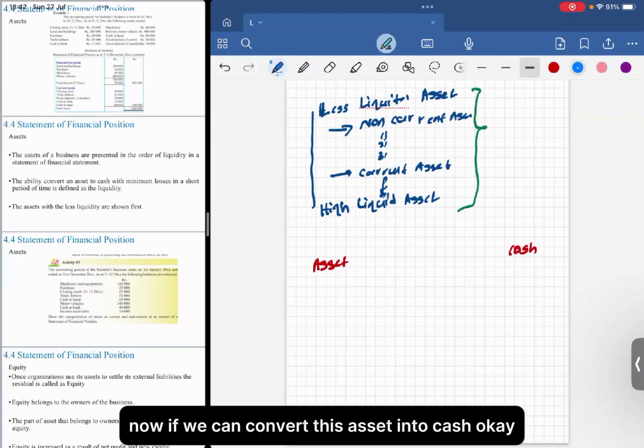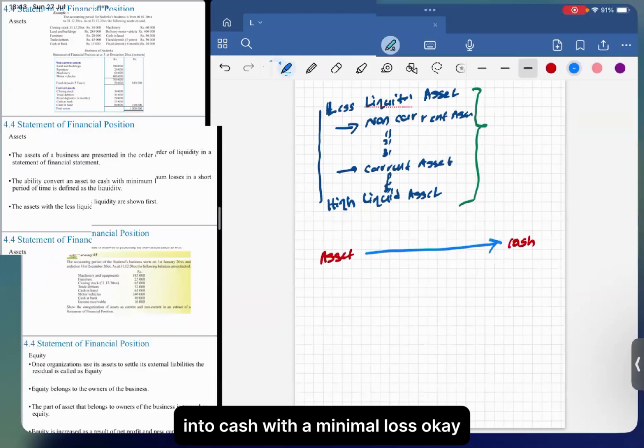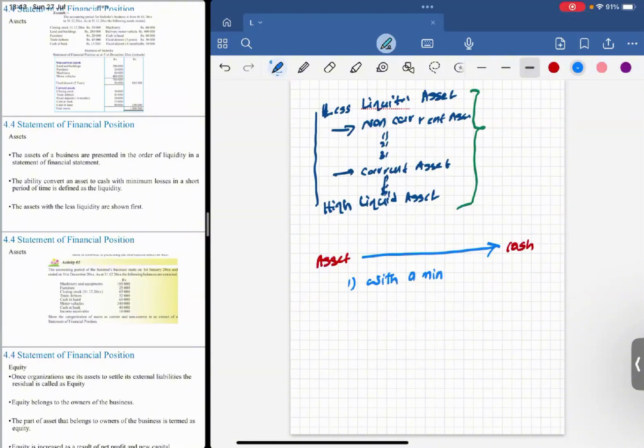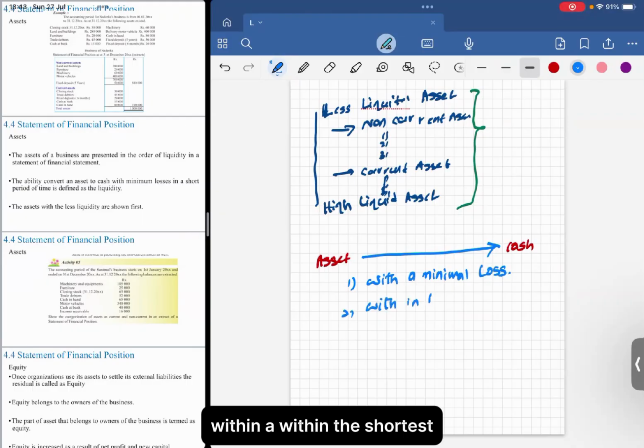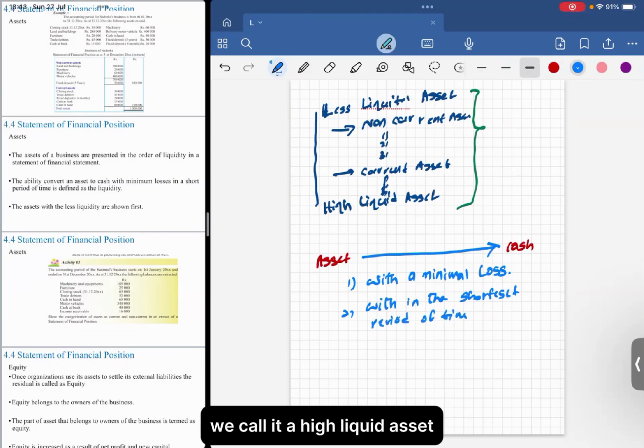If we can convert an asset into cash with a minimal loss and within the shortest period of time, we call it a highly liquid asset, or a liquid asset.